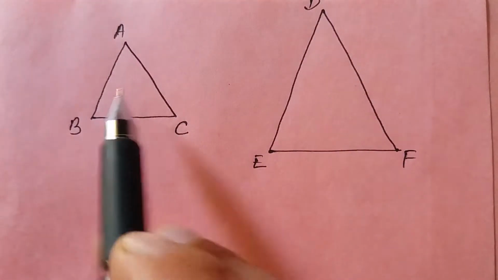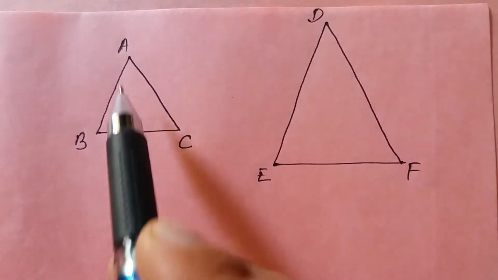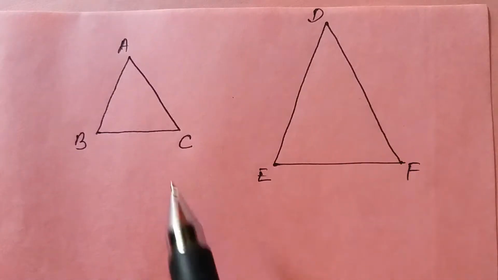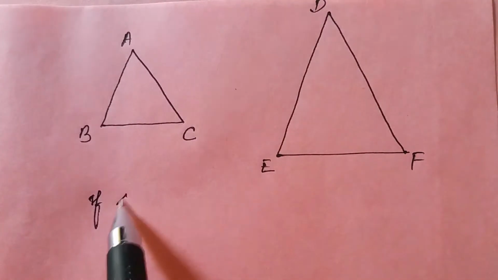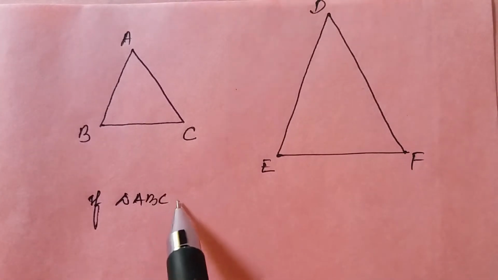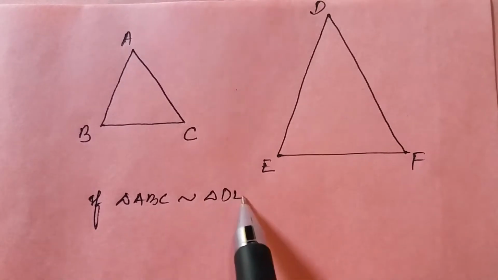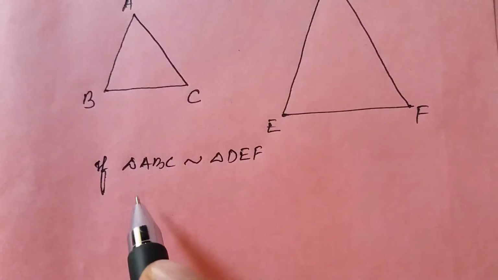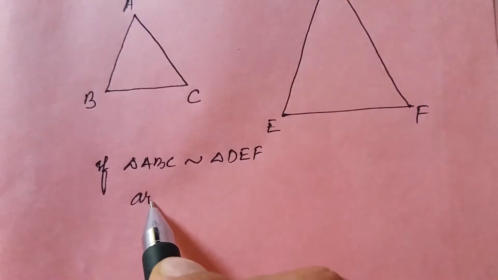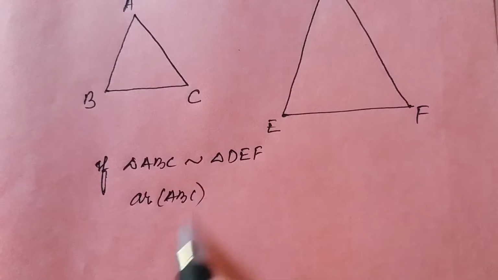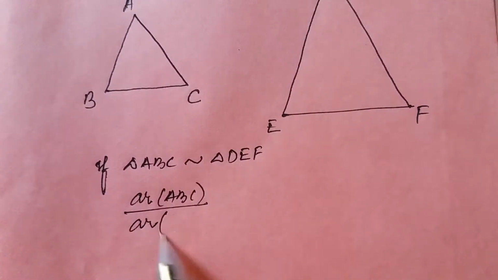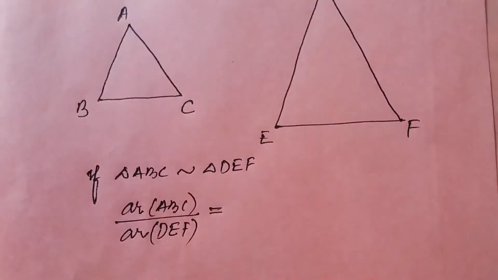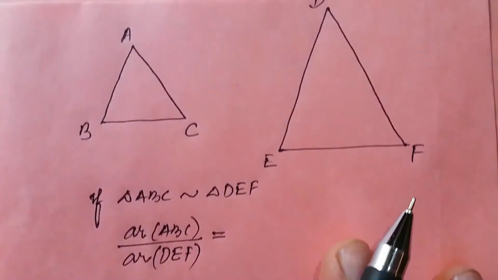Now if these two triangles are similar, here triangle ABC is similar to triangle DEF, then what the theorem says is that the ratio of the areas of these two triangles, that is area of triangle ABC and area of triangle DEF, is equal to the squares of the ratio of the corresponding sides.